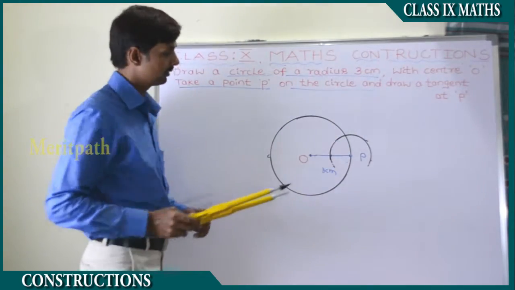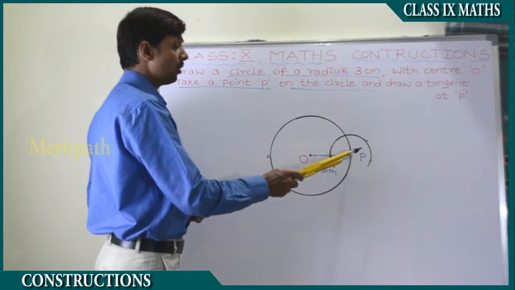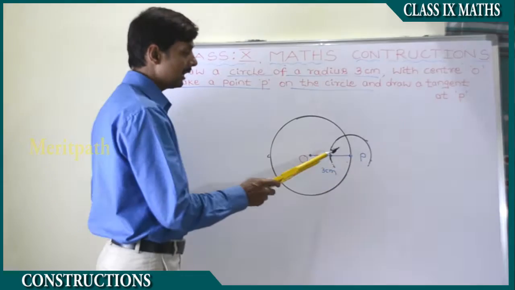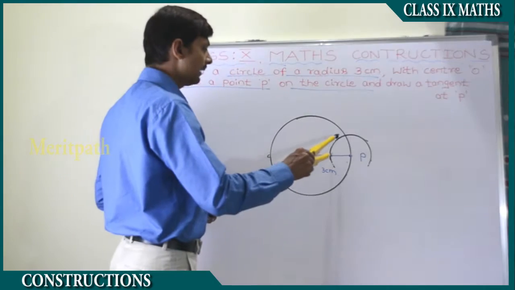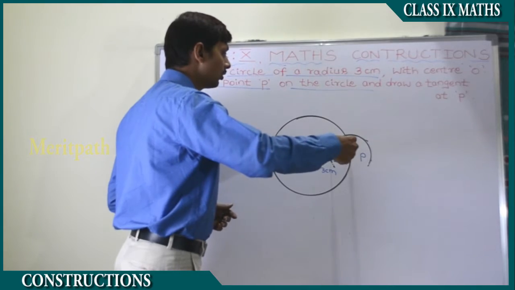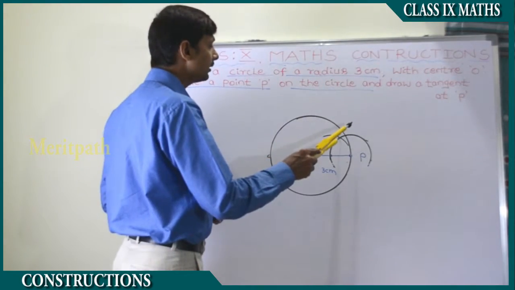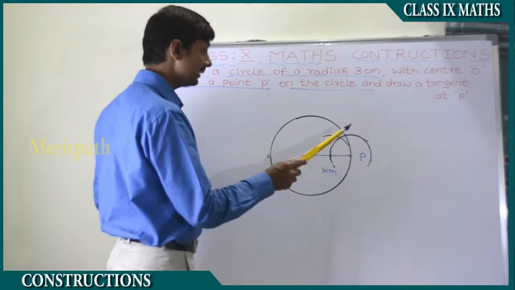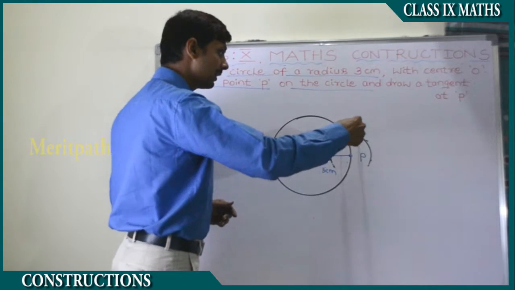Then, using the point where the arc is intersecting the radius, use the same point and draw another arc on the same arc, and again using the recent arc point, draw an arc.